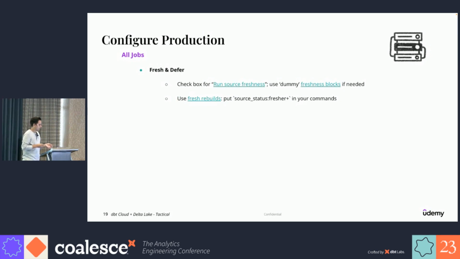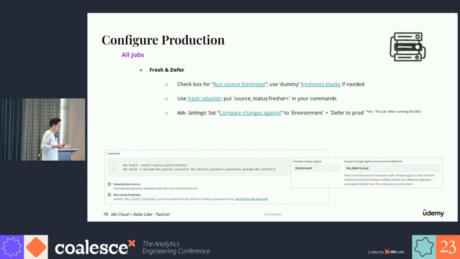And so that means that we can layer on a lot of jobs across our nodes in the same DAG, and we can still be relatively compute efficient. And that's also, of course, enabled by deferring to the prod environment. So here's a couple of screenshots about exactly what that might look like. We can circle back on this later if y'all would like. I think I have something a little bigger in the appendix as well. But this is super powerful as a base configuration.